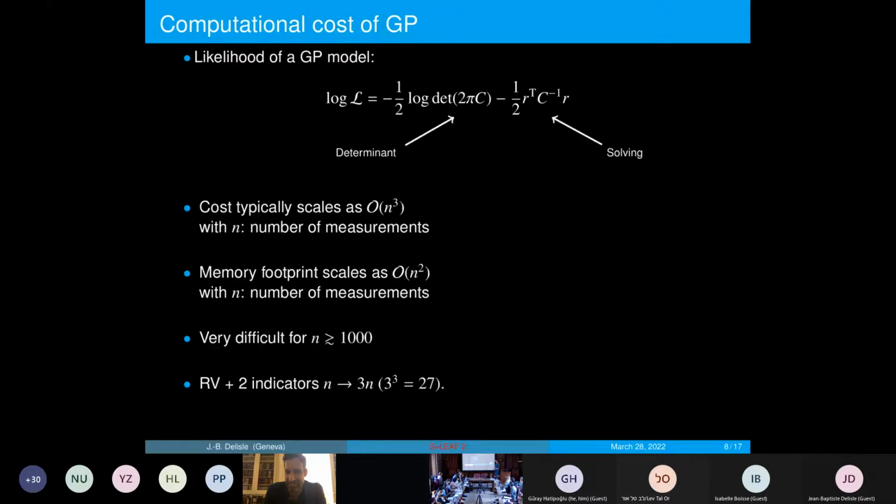And of course, if you model the radial velocities plus 2 indicators, it means that you increase the number of measurements by a factor of 3. So in terms of cost, it multiplies by a factor of 27. So this model is very interesting, but very costly.